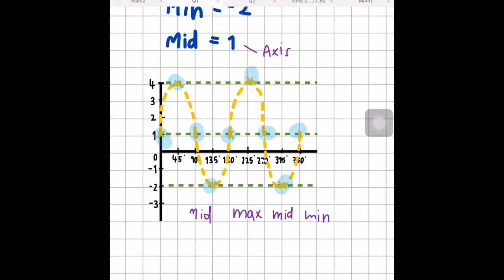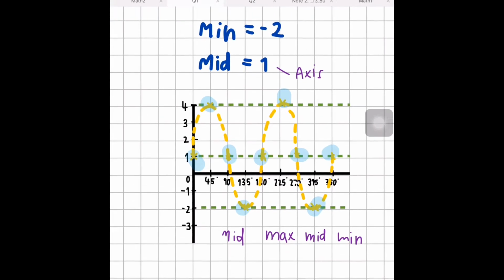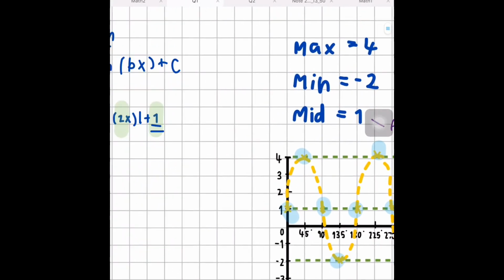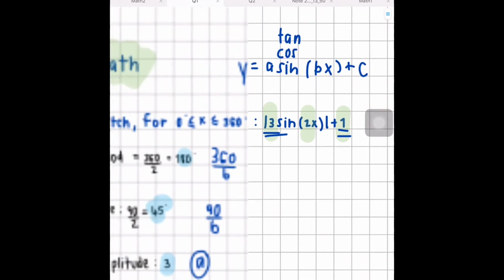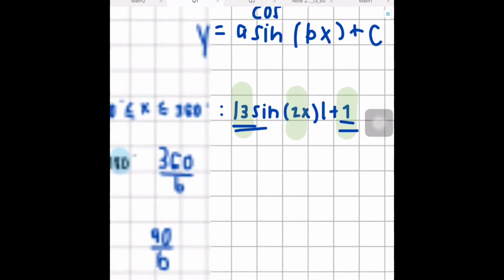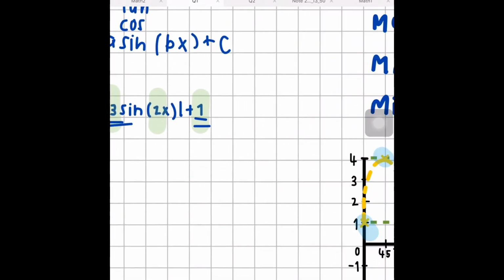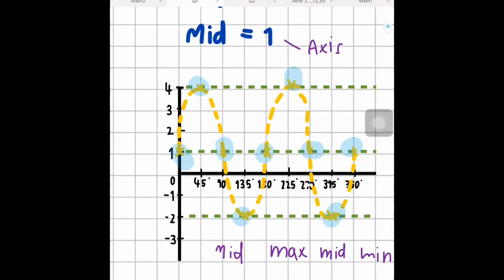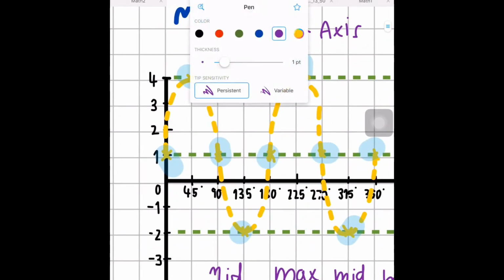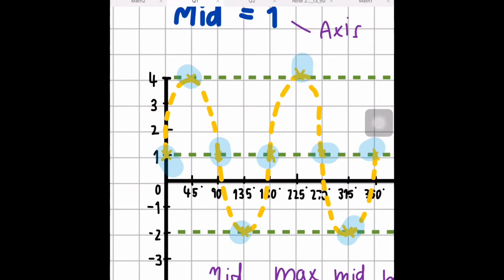So basically, this is the graph for sine, but in this case, we have an absolute value. So the graph will change. With the absolute value, the graph will always be positive values.